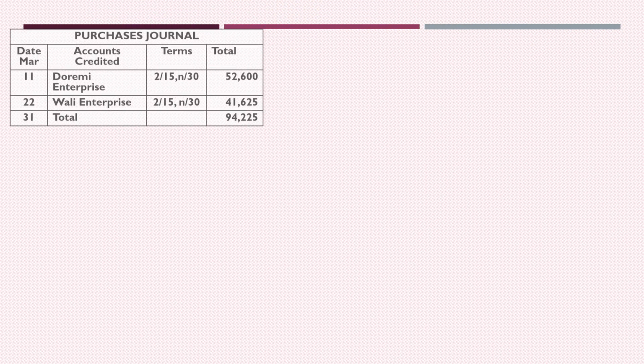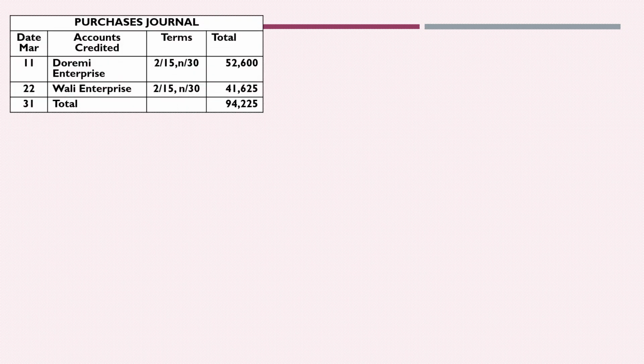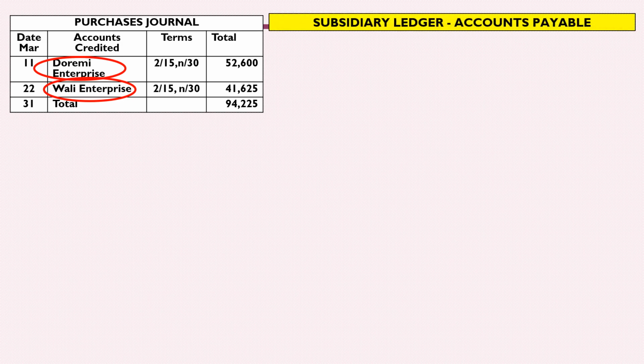Firstly, we check on Purchase Journal. In this Purchase Journal, we found that the subsidiaries are Dani Enterprise and Wali Enterprise. Then we can make a subsidiary ledger of accounts payable.